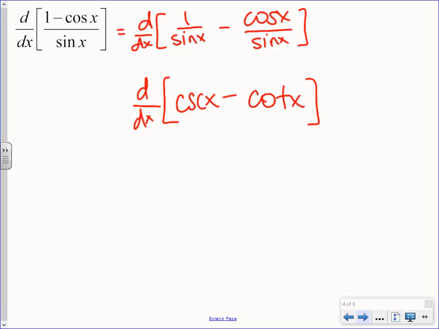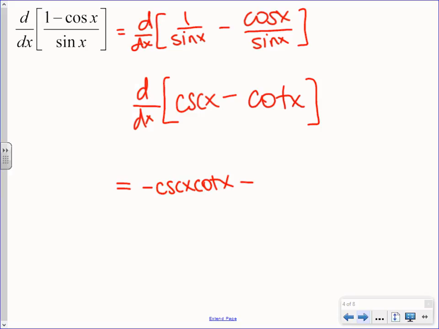All right. Derivative of cosecant. Josh, what is it? Negative cosecant x cotangent x. Minus derivative of cotangent. Jake.